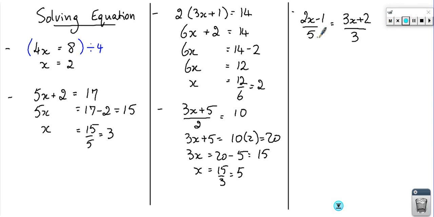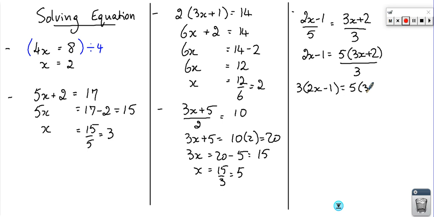First I'm going to remove 5 and place it on the other side. So I have 2x minus 1 is 5 times (3x plus 2) divided by 3. But now I'm going to remove 3, doing the same thing as I did with 5. So I have 3 brackets 2x minus 1 is equal to 5 brackets 3x plus 2. So in this case, 6x minus 3, I have multiplied by 3, is equal to, I am going to multiply by 5, 15x plus 10.